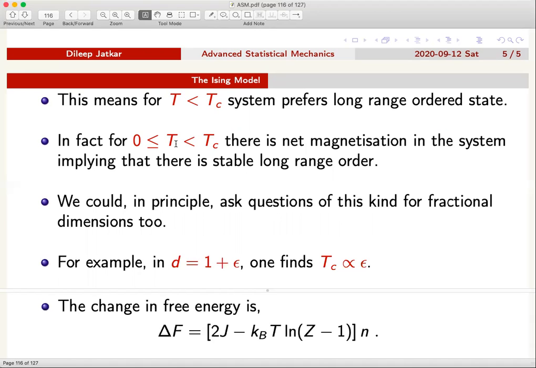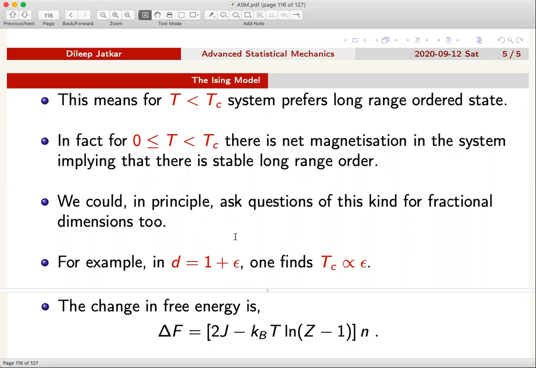Sometimes it is useful to keep the dimension to be something like 4 minus epsilon, or in this particular case 1 plus epsilon, and we want to ask what happens if I start tuning epsilon, how does the system behave?